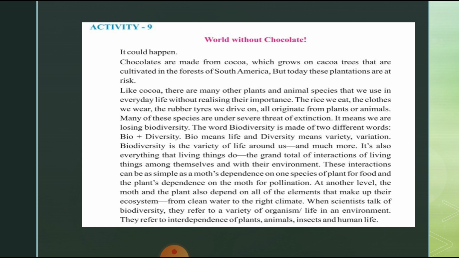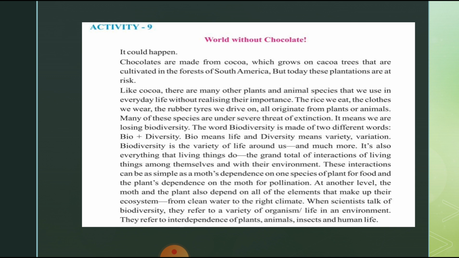Many of these species are under severe threat of extinction, meaning they are in danger of no longer existing. So it means we are losing our biodiversity.